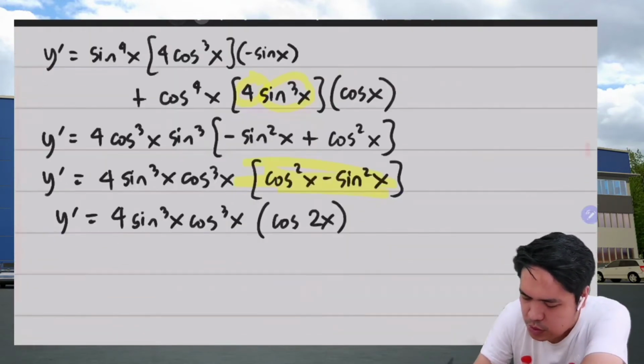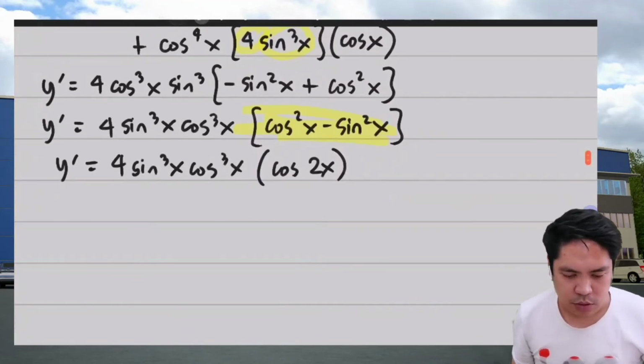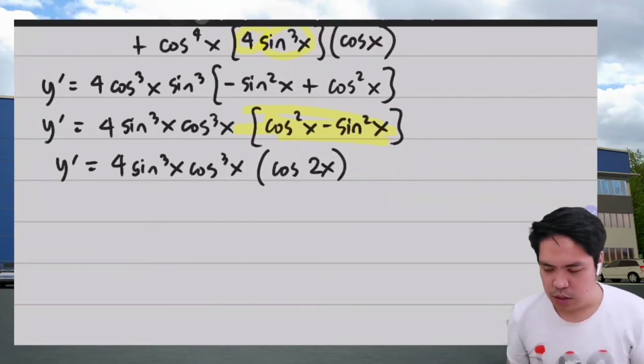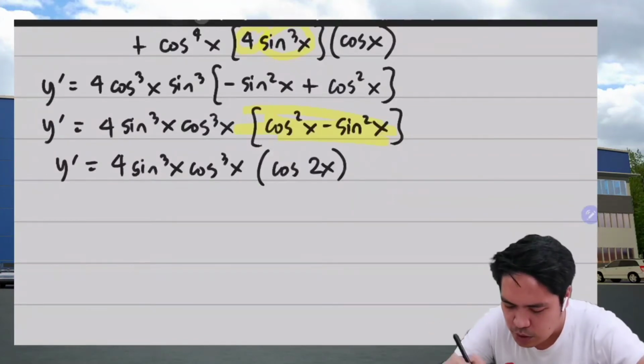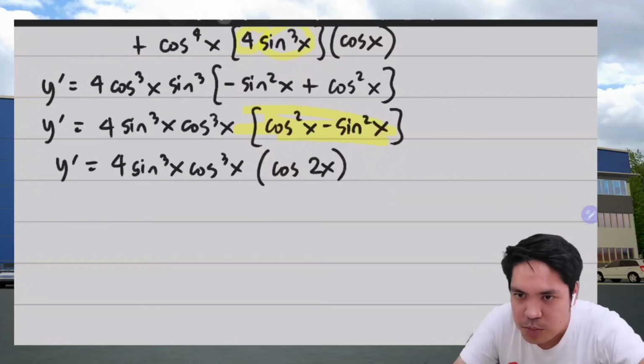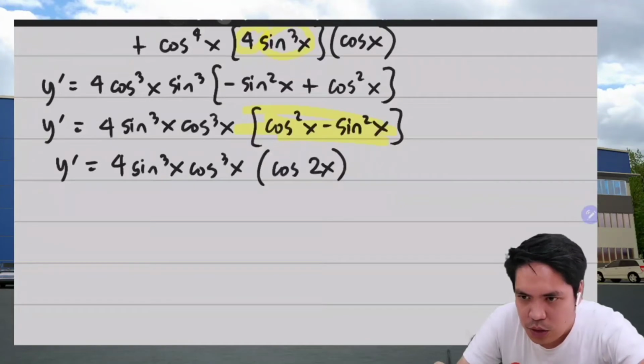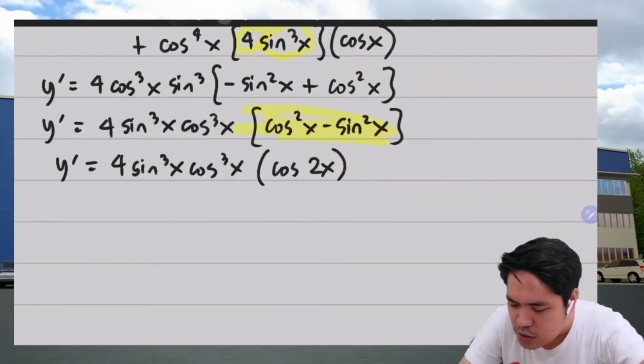Now, this is just to simplify. Actually, we have already arrived at the derivative of y, but what we are doing right now is simplifying this. So, this became cosine 2x.